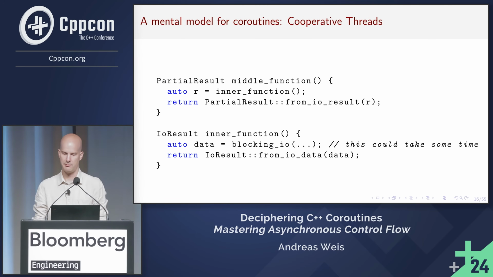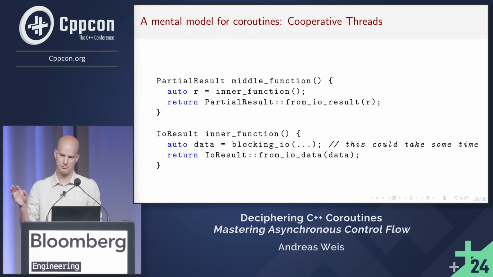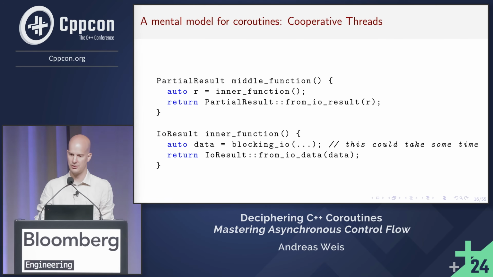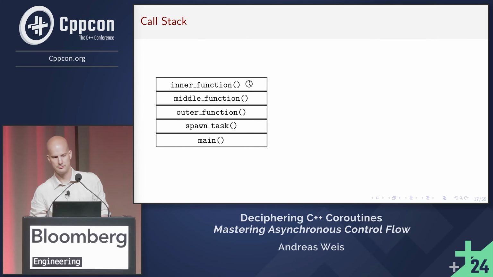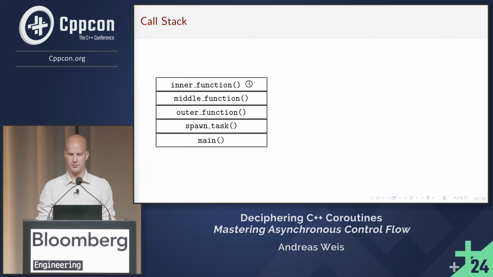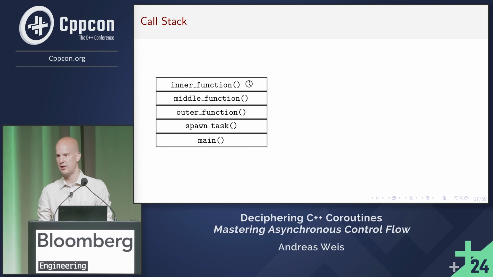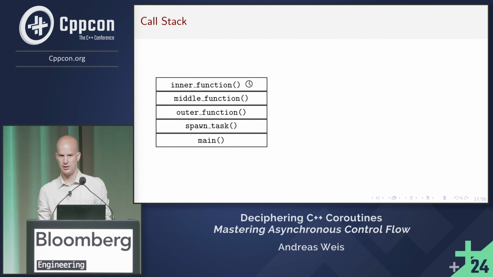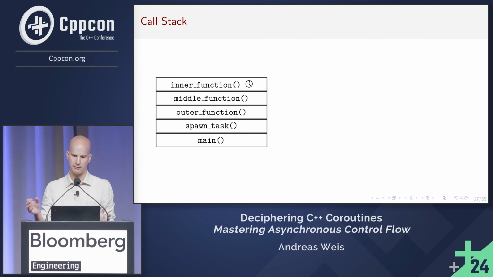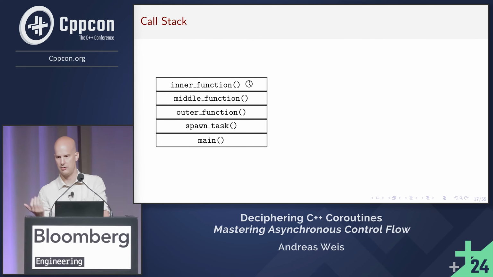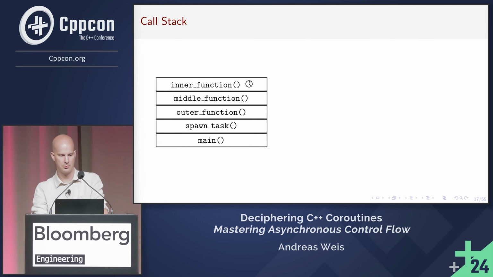The simplest way we can do this is that the inner function just uses some blocking I/O function, and of course, this could take some time. The obvious problem here is that while the inner function is waiting, nobody else can do any useful work. The entire thread is occupied just waiting for this asynchronous result to come back.